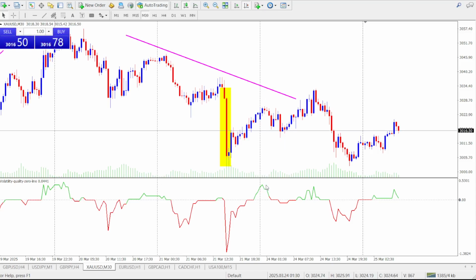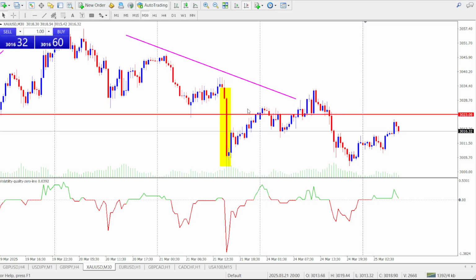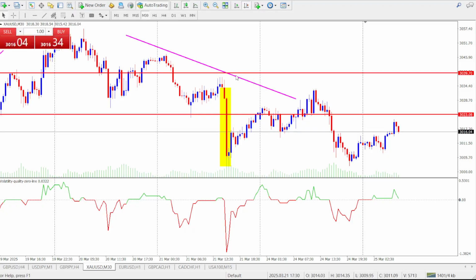For example, in this scenario, if we are going to enter a sell right after this switch happened, you just look at the most recent high before the switch. In that case, this is going to be our most recent high. You set your stop loss above it.